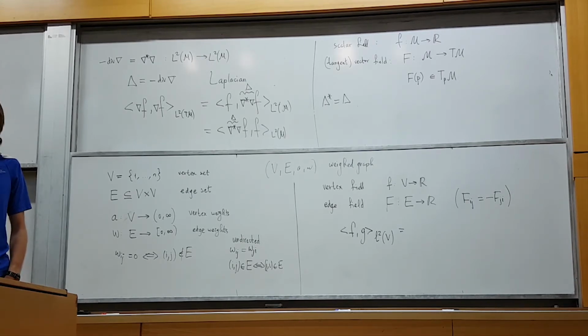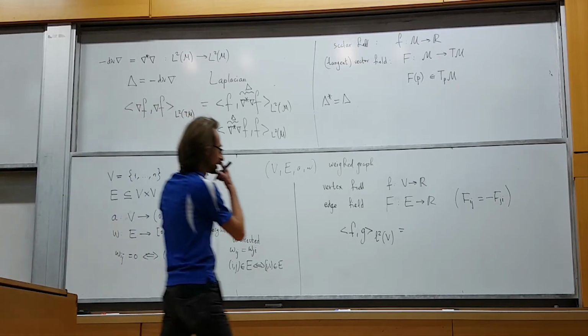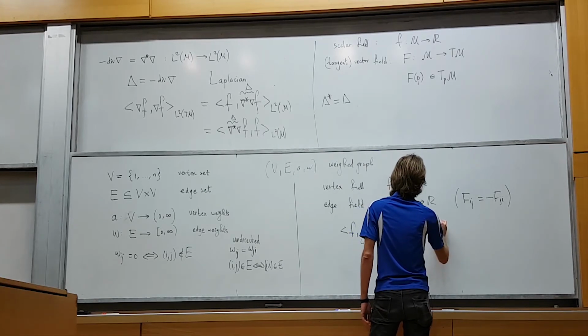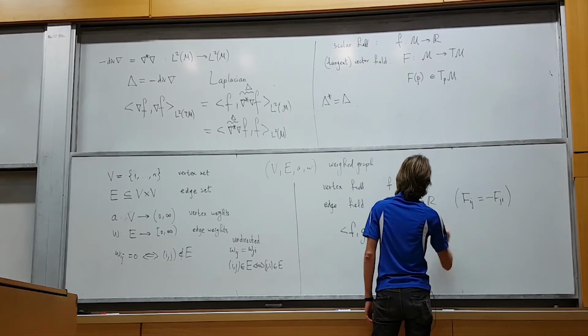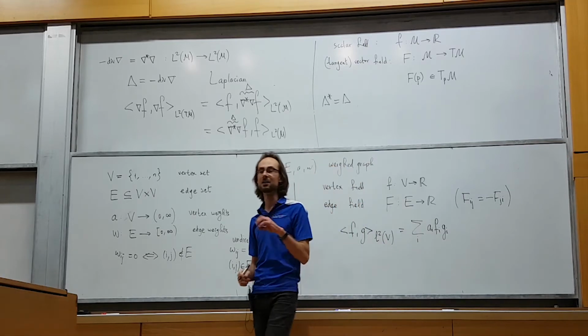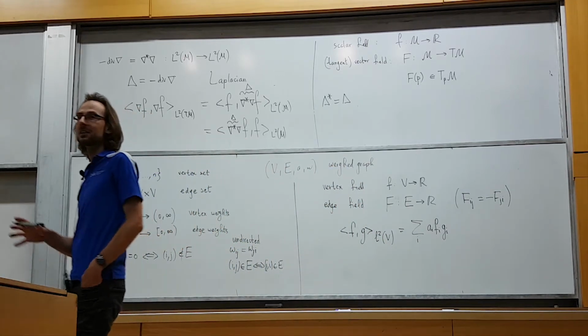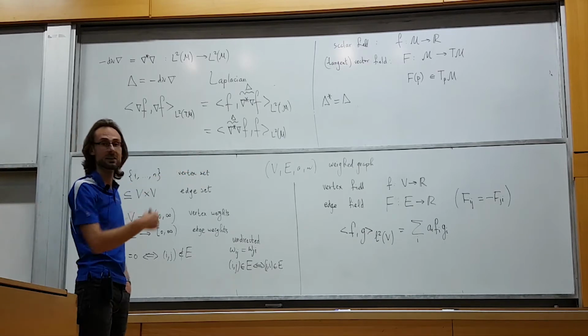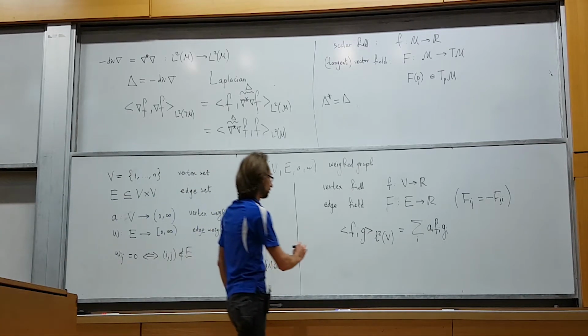Because the graph is a finite dimensional space, it's obviously square summable, right? So I will define an inner product as simply the sum over i of a_i f_i g_i. You can now think of these a_i, these vertex weights, as a discrete representation of the volume form that we have in integration on continuous domains on manifolds. Okay, so this is a discrete representation of this integral.